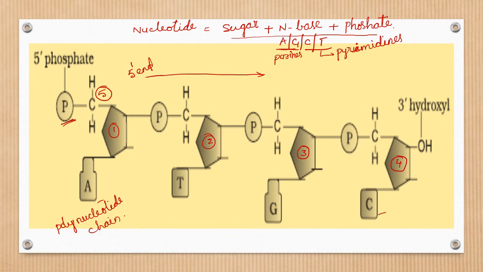Nitrogen base always bonds on the first carbon, then second, third, fourth, and here it is the fifth carbon. Now the other end of the chain ends at the third carbon, and this carbon has a hydroxyl group. That's why this end is called the third end. So a polynucleotide chain has a fifth end consisting of a phosphate group, and another end, the third end, which has a hydroxyl group on the third carbon.